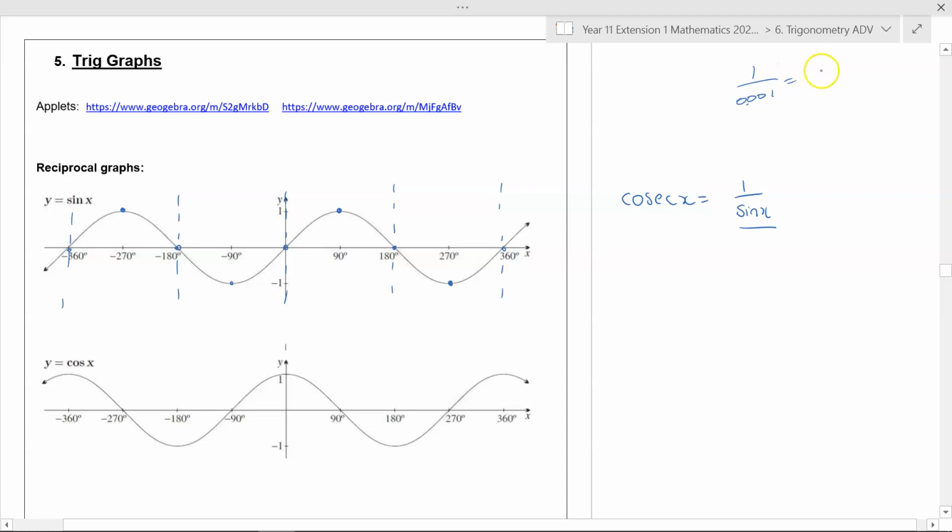Do that on your calculator. 1 over 0.001 is 1,000. So when sine is small, cosec is really large. And we create our shape. This will repeat in each branch.